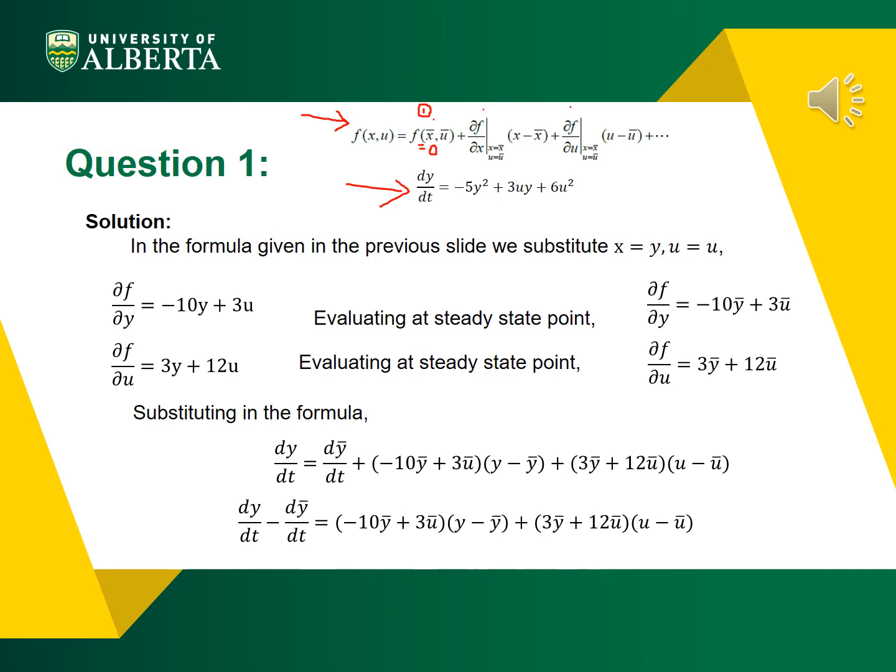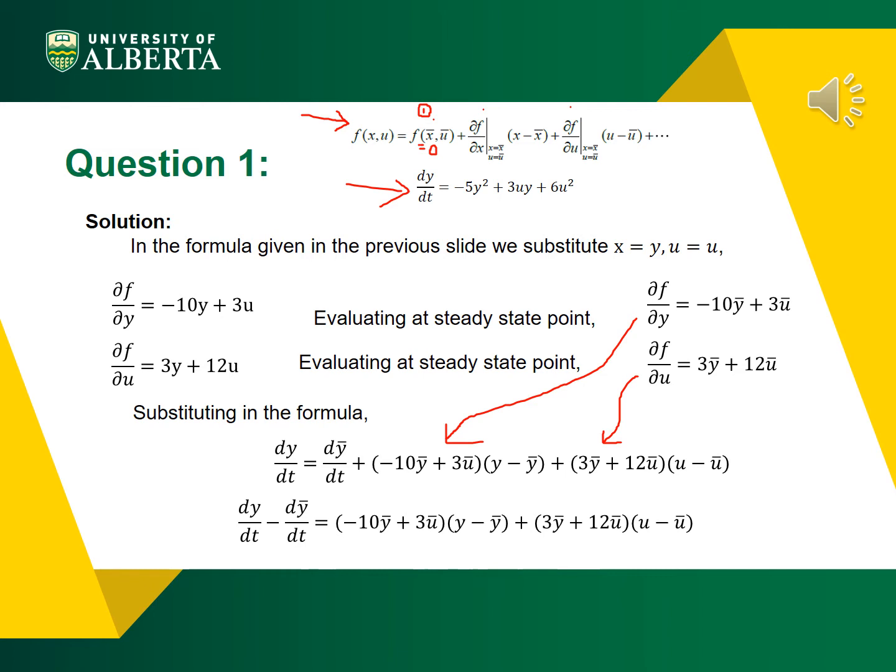Now we plug all this information into the general formula. So we get dy by dt is equal to dy bar by dt plus dou f by dou y into y minus y bar plus dou f by dou u into u minus u bar.